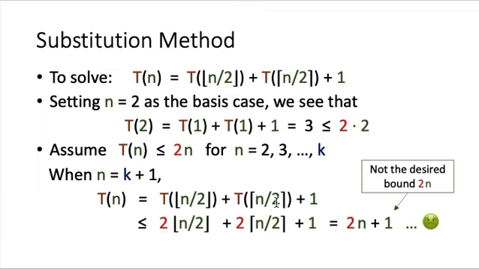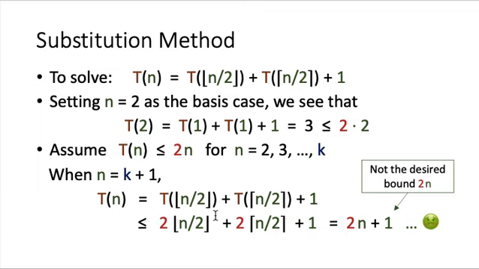In such a case, no matter which n we talk about, the ceiling of n over 2 will be strictly smaller than n. So we can apply this assumption so that T of the ceiling of n over 2 will be less than or equal to 2 times the ceiling of n over 2. And then we copy the plus 1 here. So this is what we get.